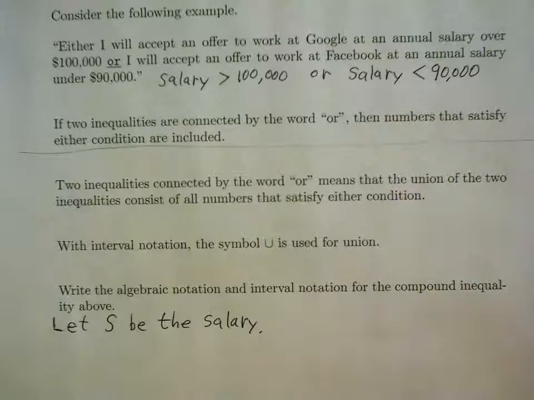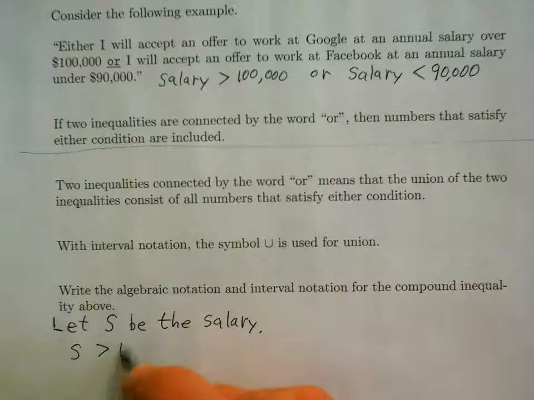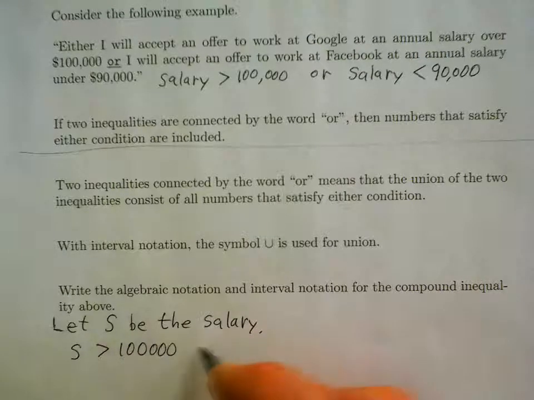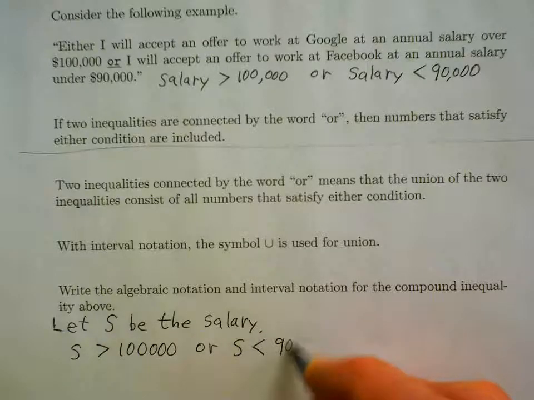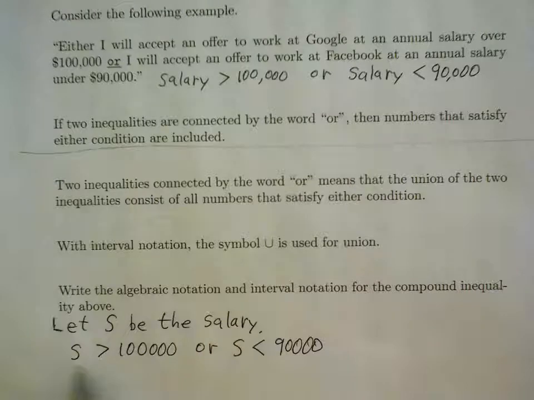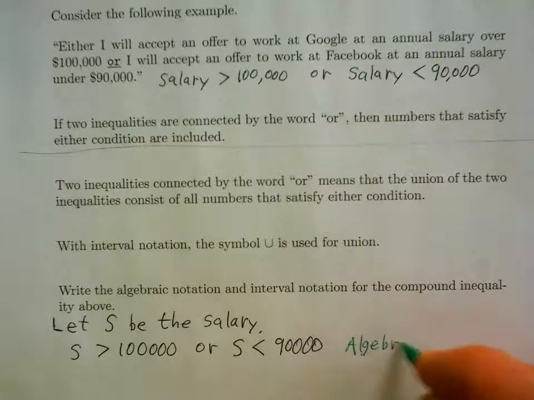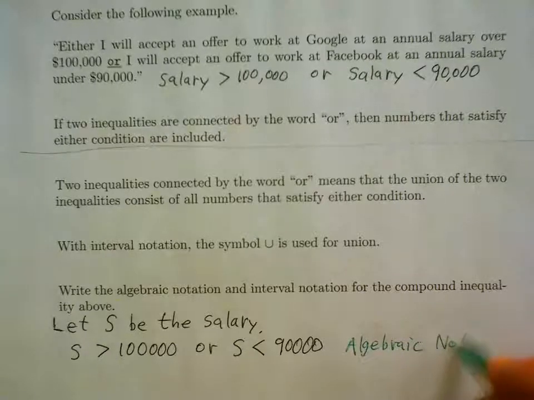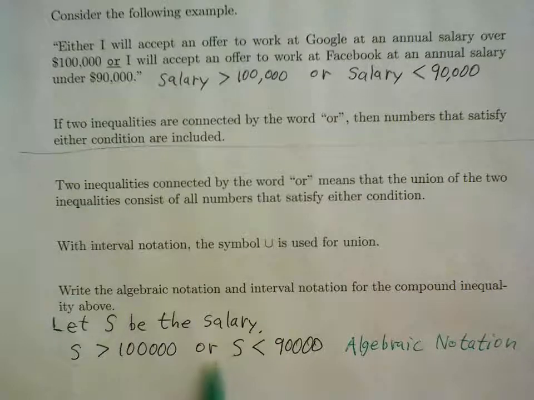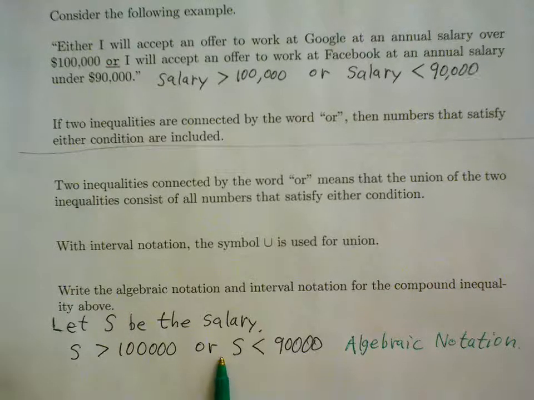The salary will either be greater than $100,000 or the salary will be less than $90,000. And this is the algebraic notation. Okay, so in this case, the word or is used in the algebraic notation.